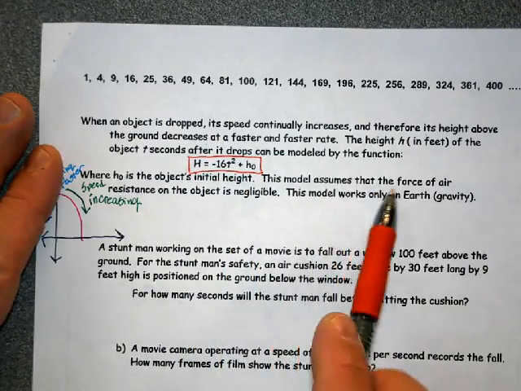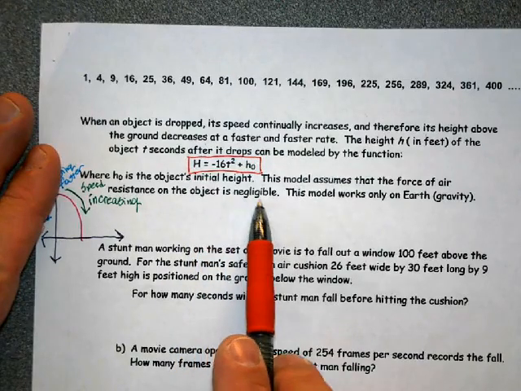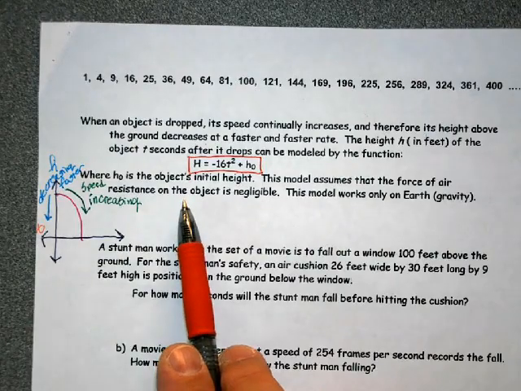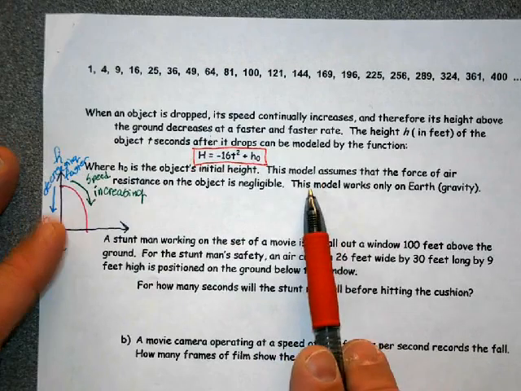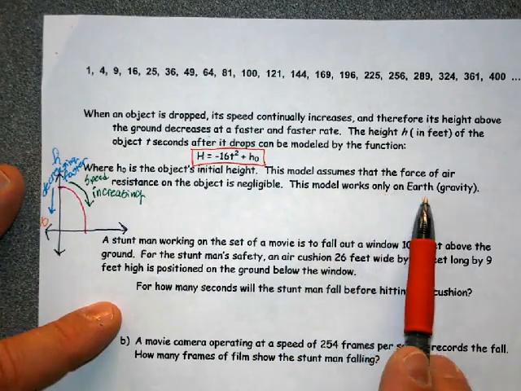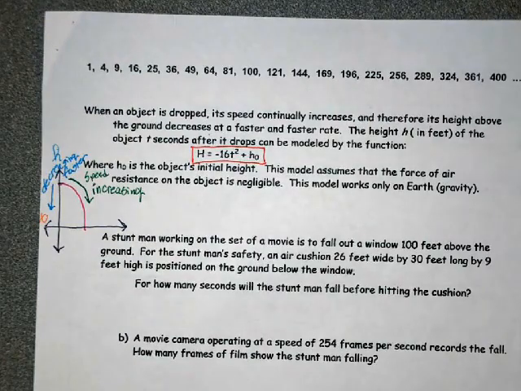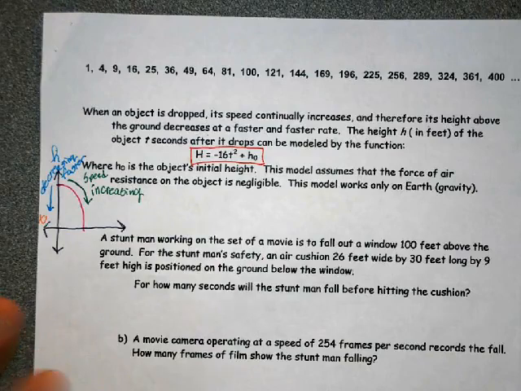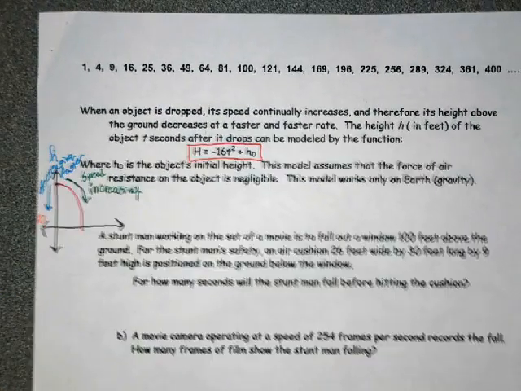This model assumes that the force of air resistance on the object is negligible. Unless, of course, the object's like a feather and it does have air resistance, right? And they want to stipulate that this model works only on Earth. Can't work on the moon or anything because there's no gravity. We would have to take out that gravity constant. So you guys ready to do a problem?